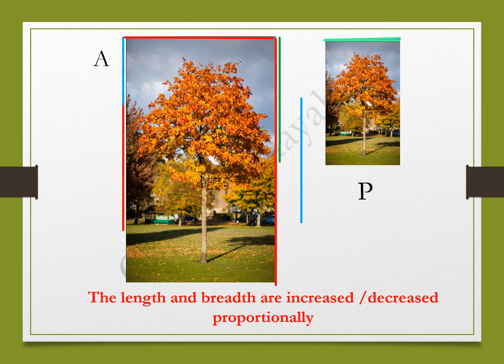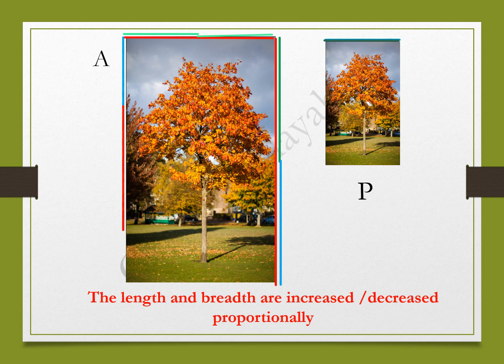Yes, the length of figure A is twice the length of figure P. Fine. What about the breadth? Breadth is also twice that of P. So both the length and the breadth of picture A are twice that of picture P.